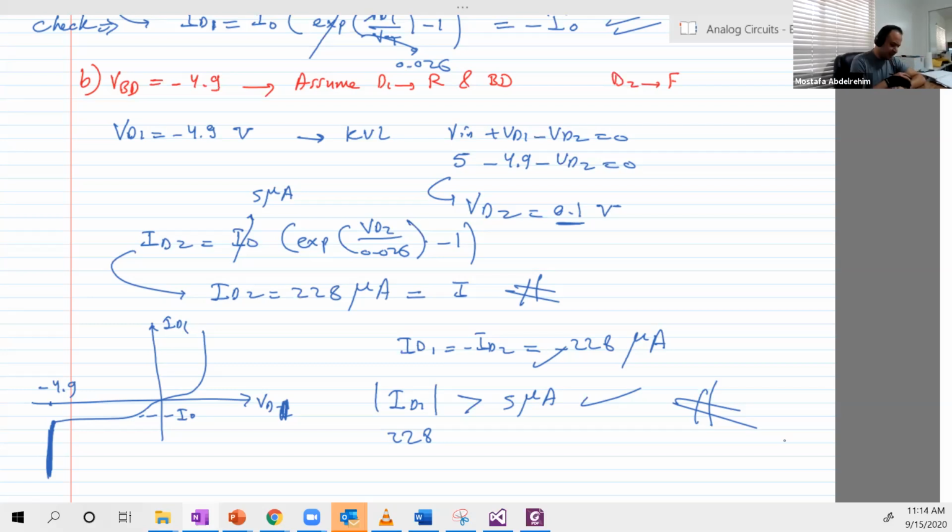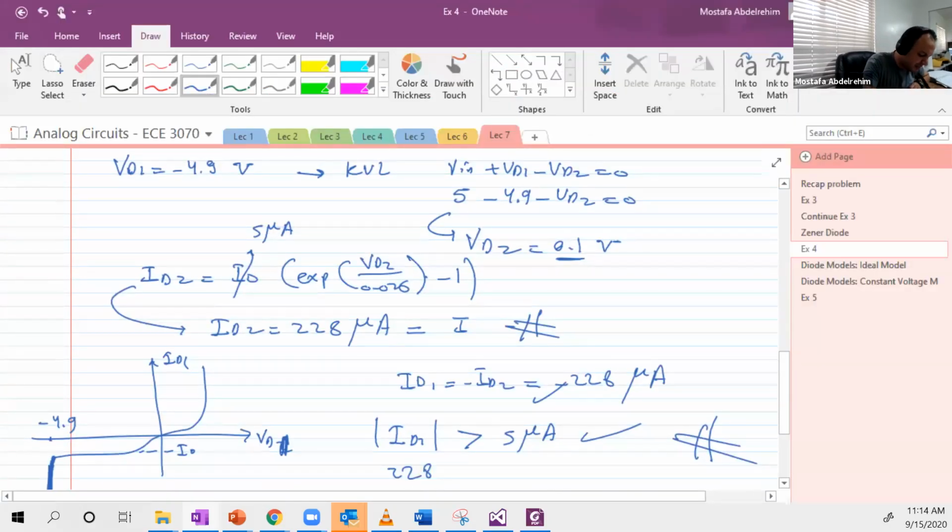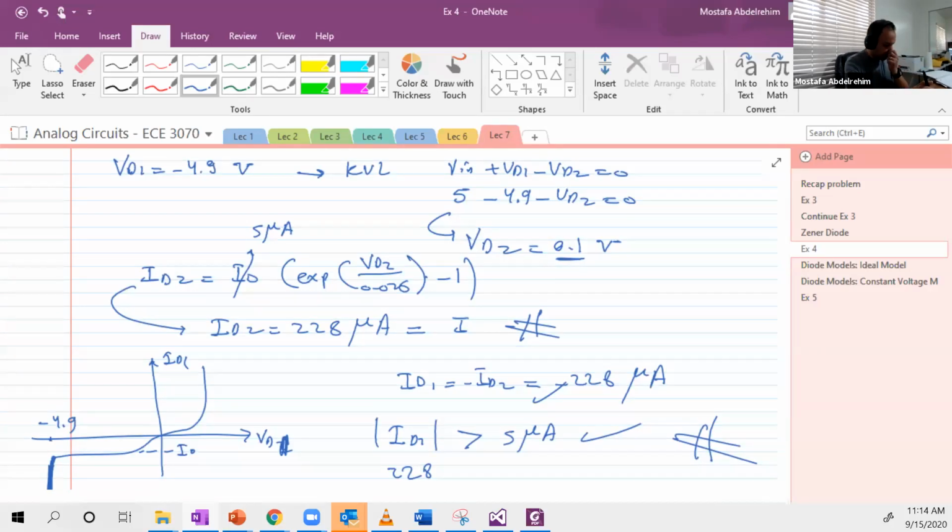Okay, guys, we have 2 minutes. I don't know if you have time or not, but that's very fine for today. We're going to continue next time with diodes. So far, we are calculating the unknowns in the circuit accurately, either by solving the equations or by using common sense.